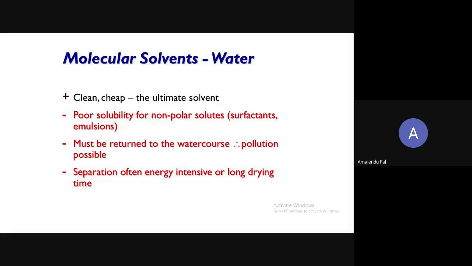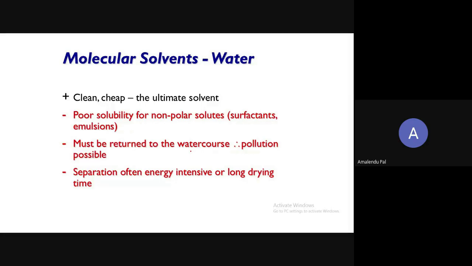But if you want to work with surfactants and they are not soluble in water, then how can we work with those things? That's the problem. So there is poor solubility for non-polar solutes, surfactants, emulsions, and they must be returned to the water course. Water course pollution is possible.